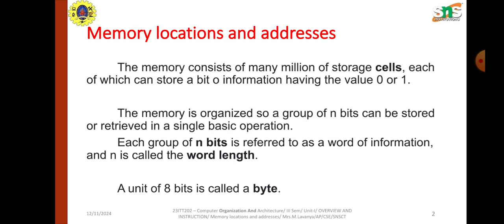As I have said, the memory is an organized group of bits which is used for storing and retrieving of information. In this, a group of n bits is referred to as a word, where n is referred to as the word length. And usually we know 8 bits is equal to 1 byte.